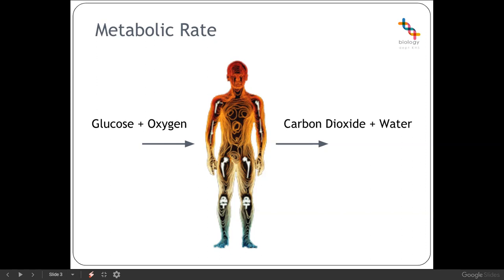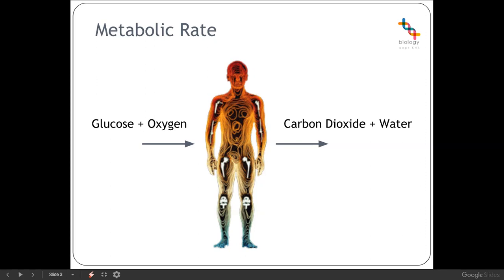And we know that that's metabolism, the total of reactions within a cell. So those reactions are giving the energy from respiration, and therefore one of the methods of measuring metabolic rate is looking at how fast the products from respiration are produced and how fast the reactants from respiration are used up.